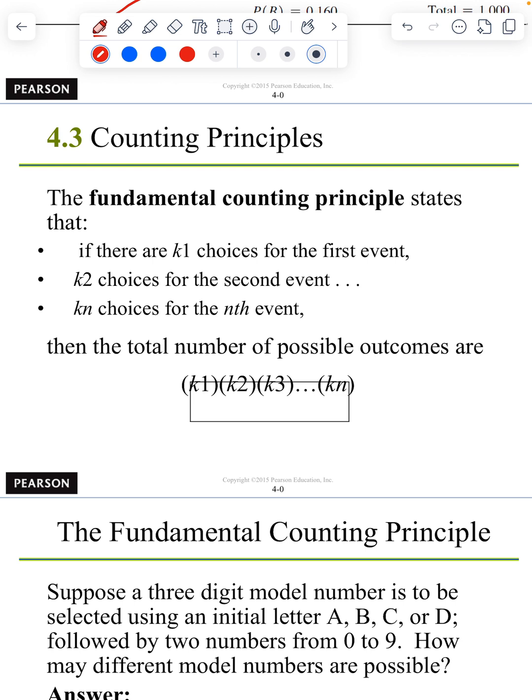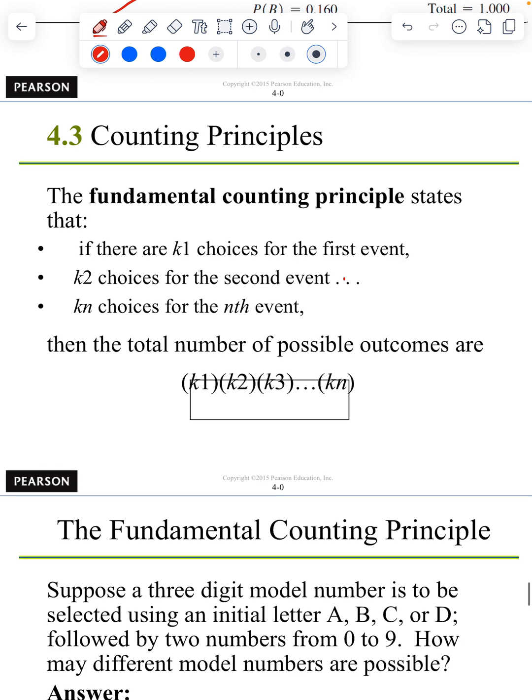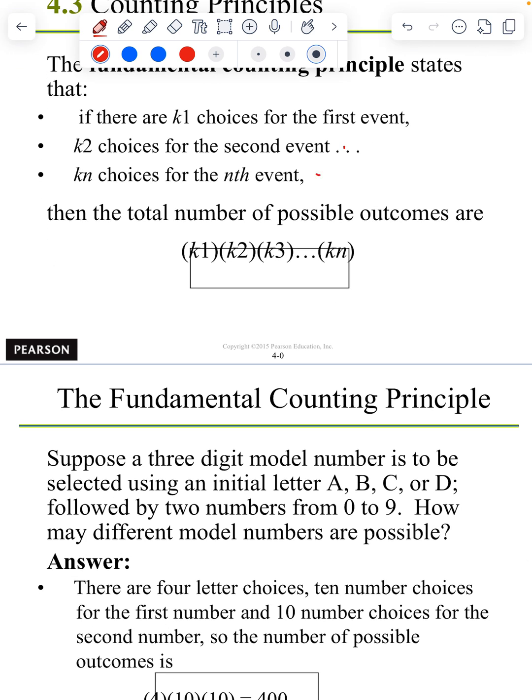So if there are K1 choices of the first event times K2 choices of the second event, you're going to just continually multiply the different possible outcomes together to get the choices.